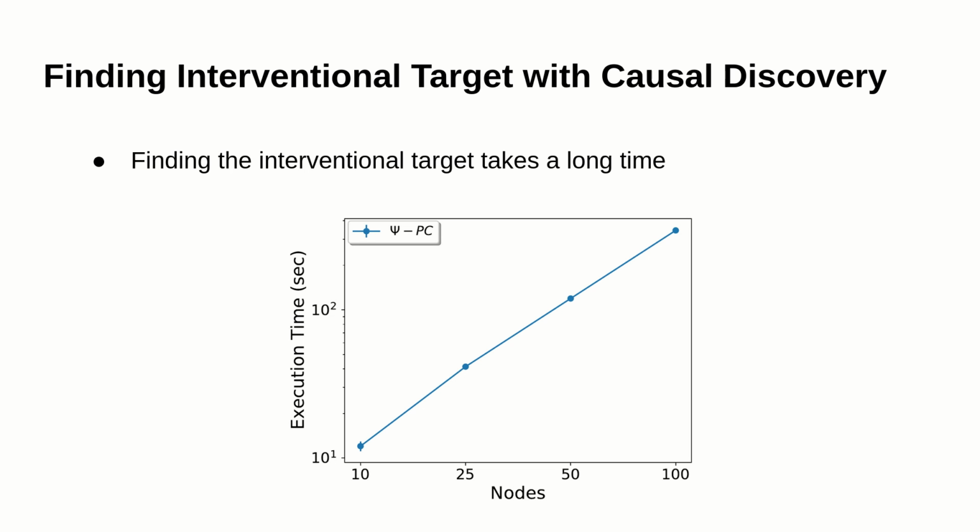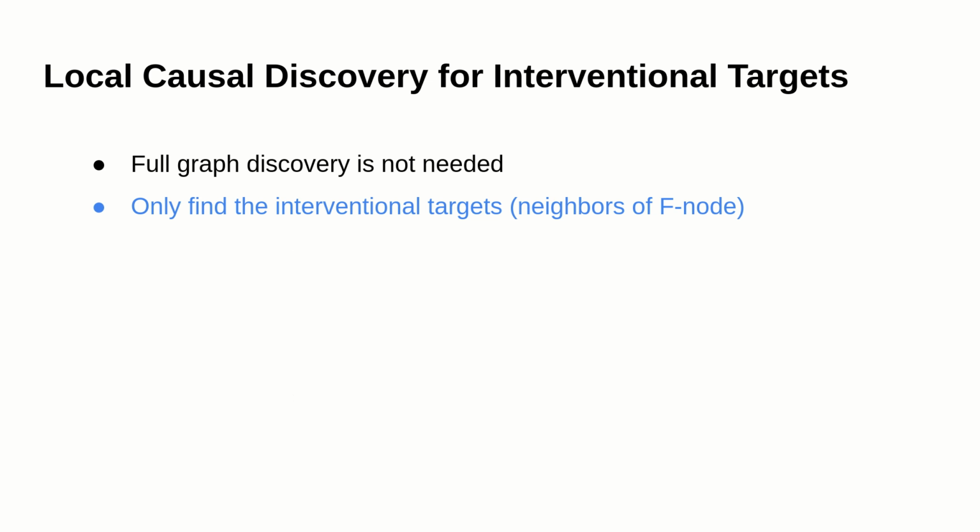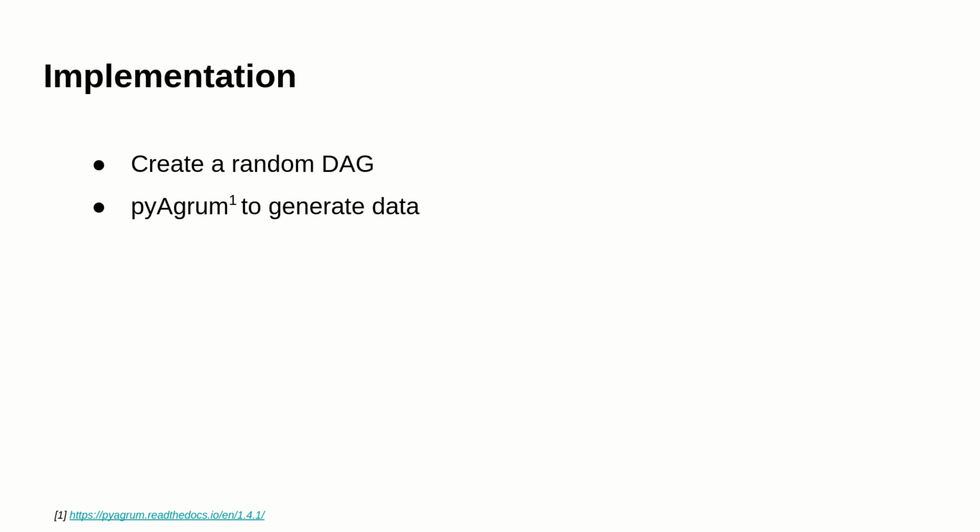Here we can see the runtime of PSI-PC increases exponentially with the number of nodes in the causal graph. To reduce this runtime, I propose a localized approach to learn the interventional target. The key idea is to decouple the task of finding the interventional target from learning the causal graph. Doing so gives us the room to reduce the runtime of the algorithm.